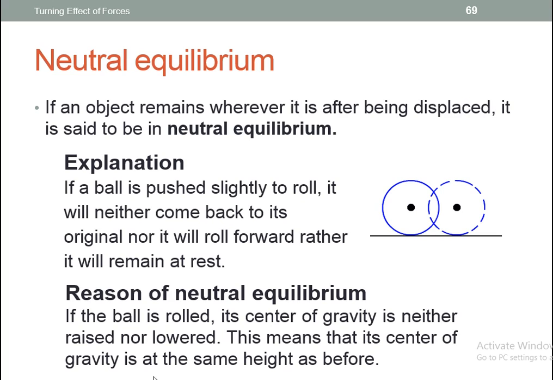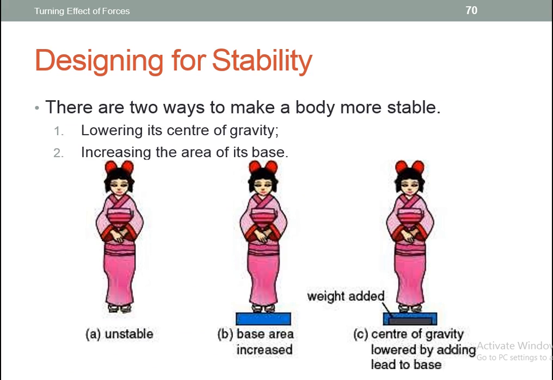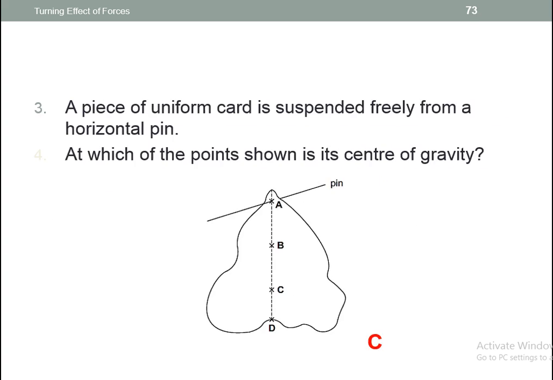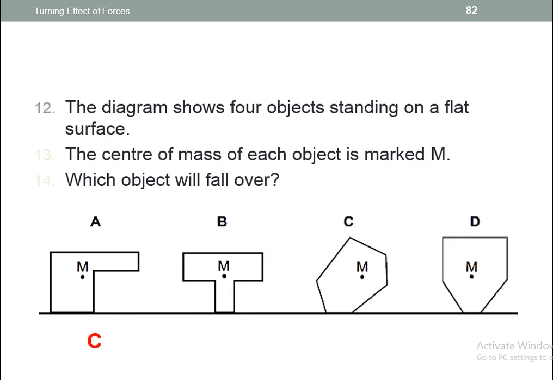This means its center of gravity is at the same height as before. So if the center of gravity is not affected by its position or movement, then this type of equilibrium is known as neutral equilibrium. Then there are the designs of stability.